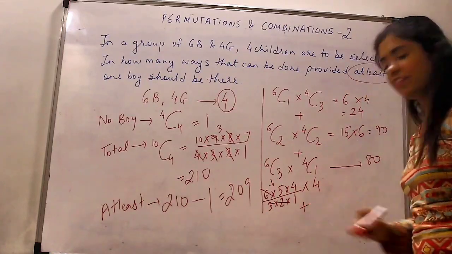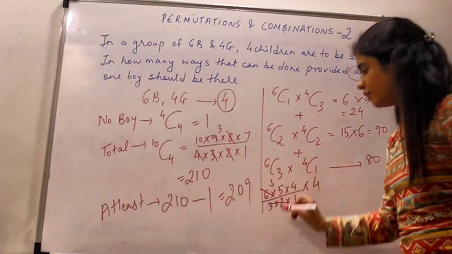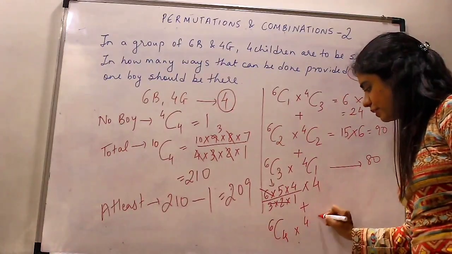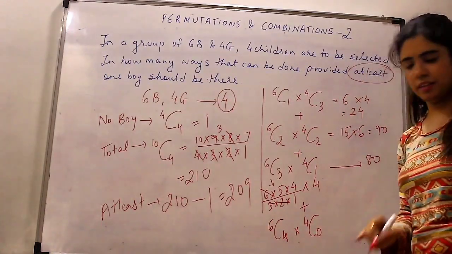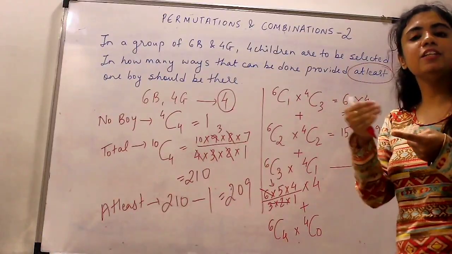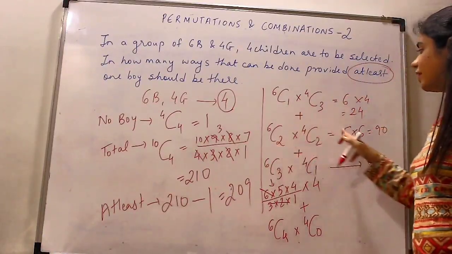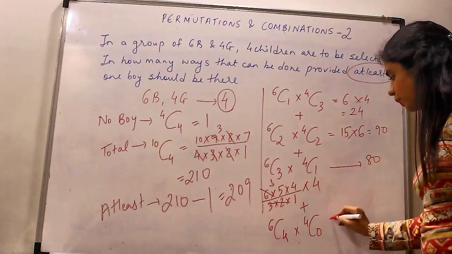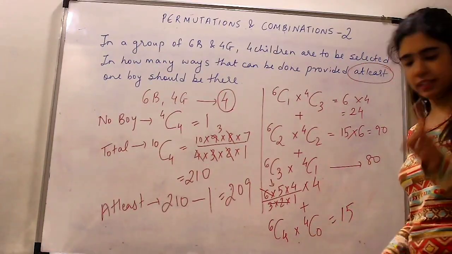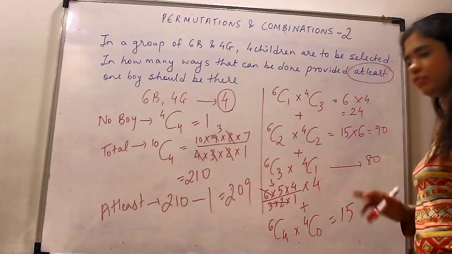Or I can have one more case, which is out of the 6 boys, I pick 4 boys. Out of the 4 girls, I pick 0 girls. 6C4 is the same as 6C2. 6C2's value was 15. So this value will also be 15. 4C0 is 1. Okay? So 15 into 1 is 15.